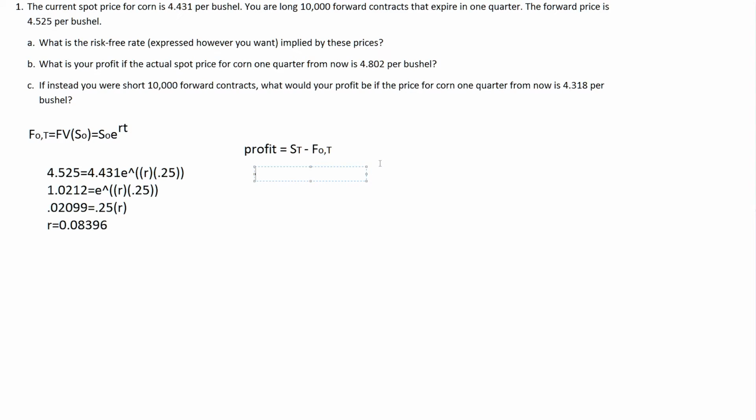So in this case, we have the price of the asset in 1 quarter, which is 4.802, minus our forward price, which is 4.525. And since we bought 10,000 contracts, we're just going to multiply this by 10,000. That gives us our answer of 2770.